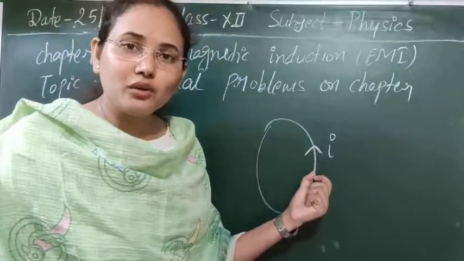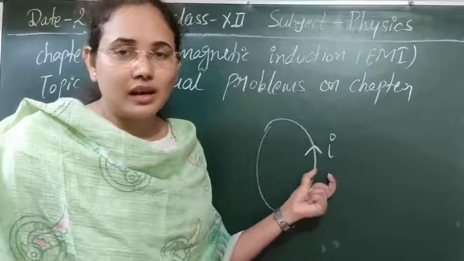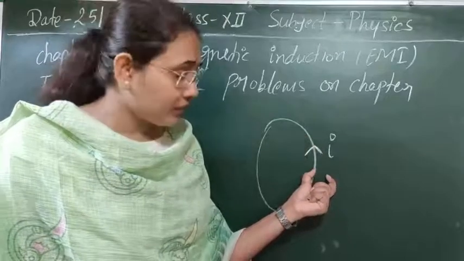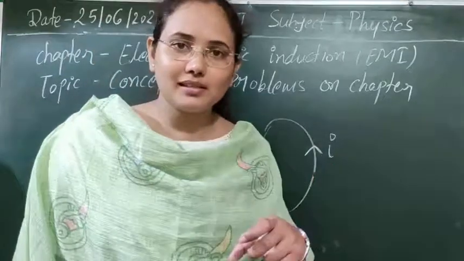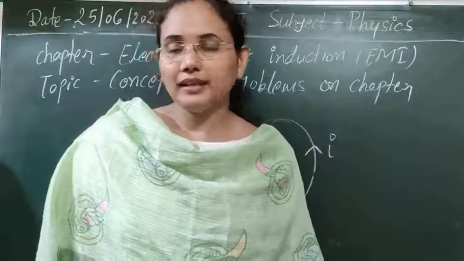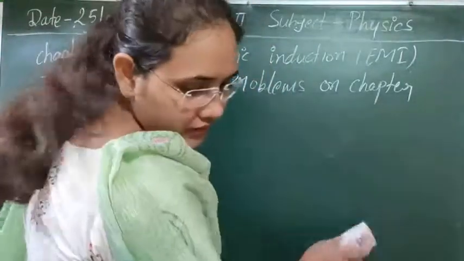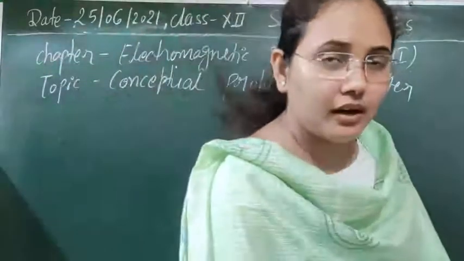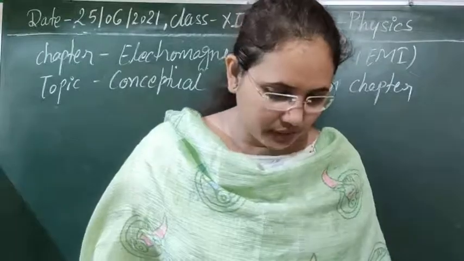So it will always appear in the direction opposite to the direction of the current. As it acts in the backward direction, we call it back EMF. Clear? Due to this opposition property, we call it such.